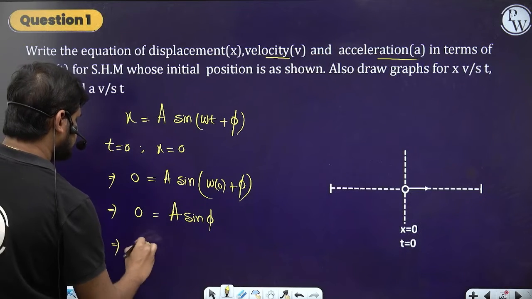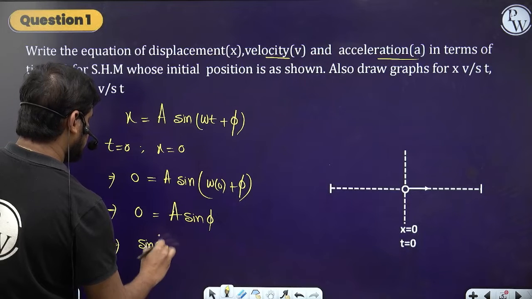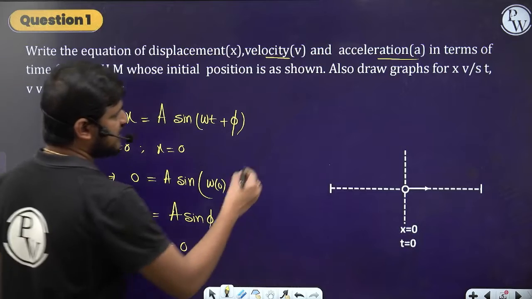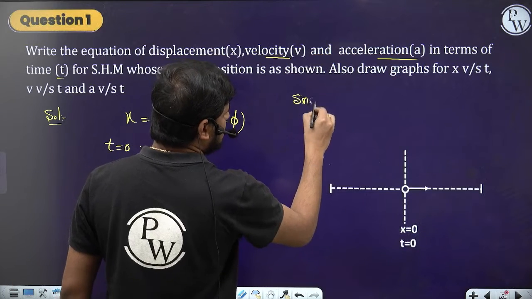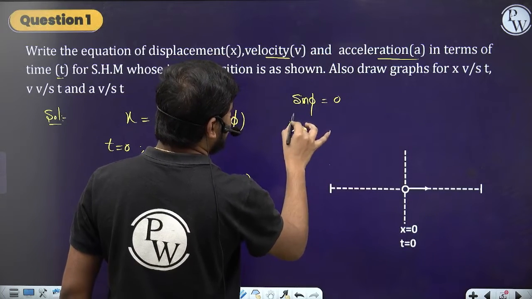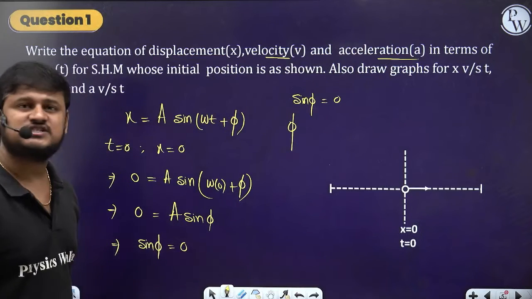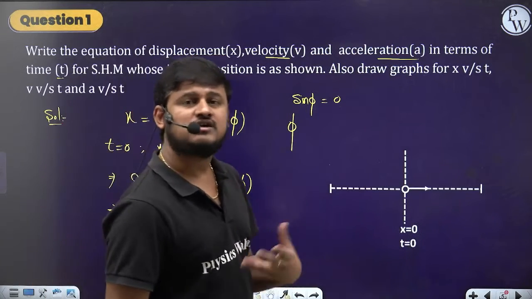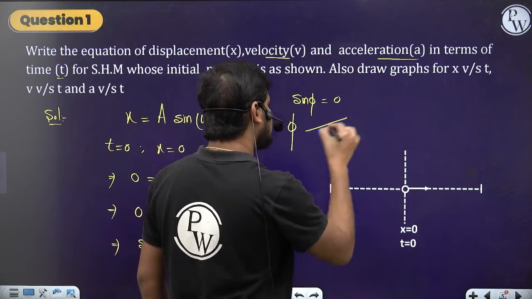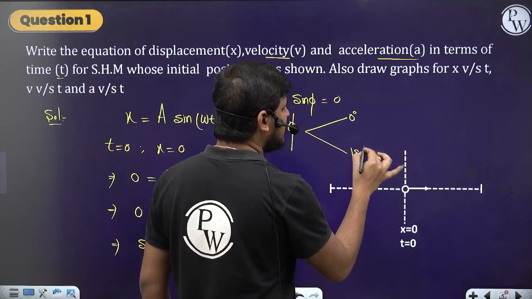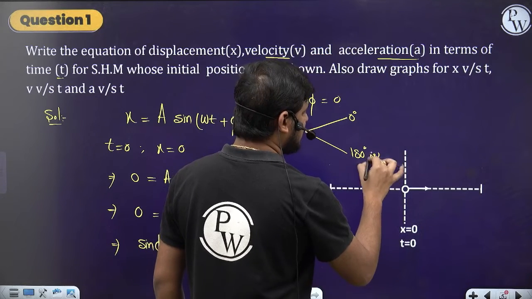That means sin phi is 0. If sin phi is 0, then phi can take the value either 0 degrees or 180 degrees, because sin 0 is 0 and sin 180 is also 0. So phi can take either 0 or pi.